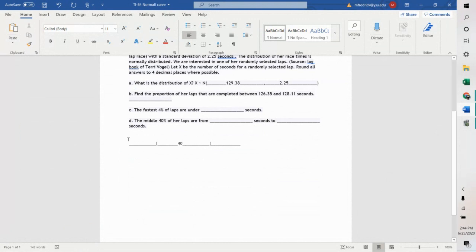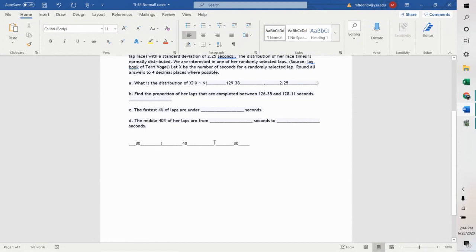You have to remember, this is normal, so it's symmetric. If the middle is 40%, the outside two are 60%. Split that in half, that means there's 30 here and 30 here. And so to find this value, you would use 30% because that's the amount below it.